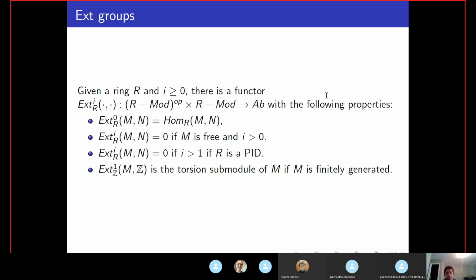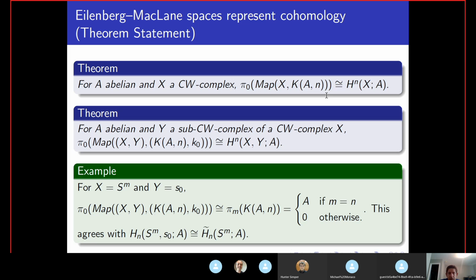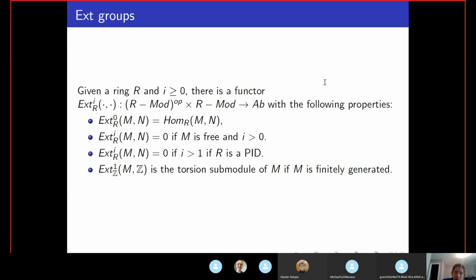So I guess, we don't want just an abstract isomorphism, we want an explicit isomorphism, and to describe what the explicit isomorphism is, I need to first remind you about universal coefficients. To state universal coefficients, I need the Ext groups. I'm not going to define them, and we don't actually need that many properties of them.